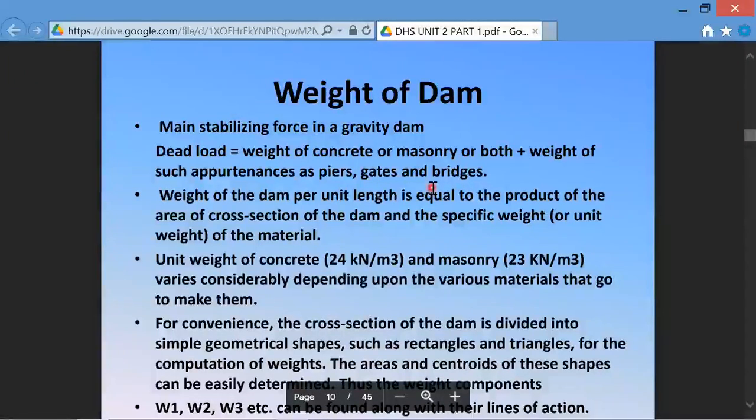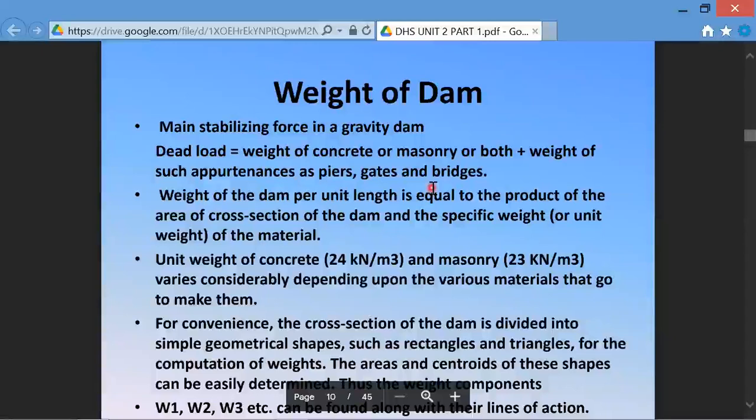The steel bars have a density of 7850 kg per meter cube. Now after that, for convenience, the cross section of the dam is divided into simple geometrical shapes such as rectangles and triangles for the computation of weights.